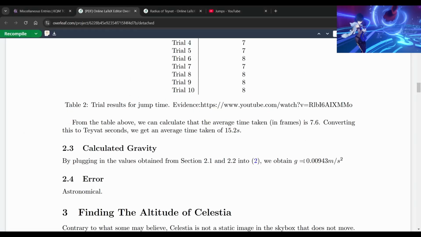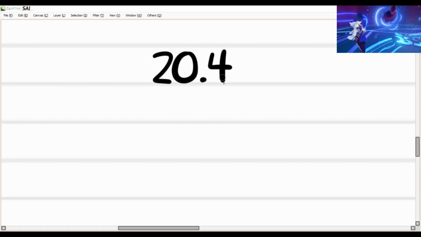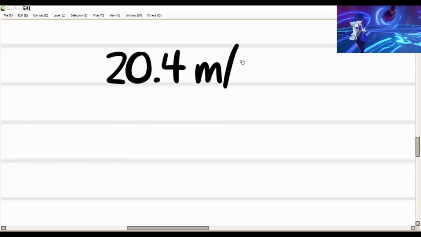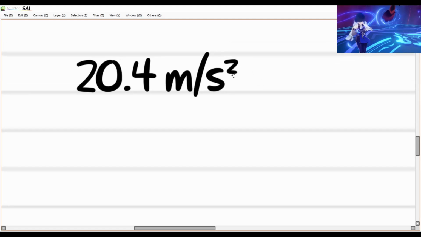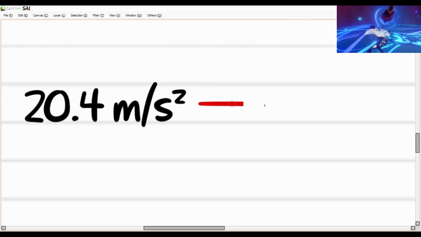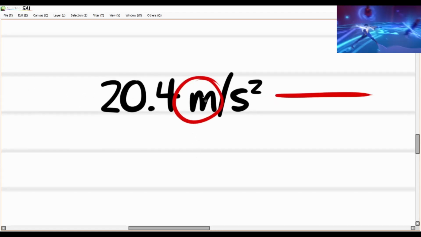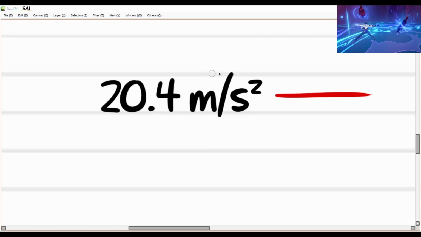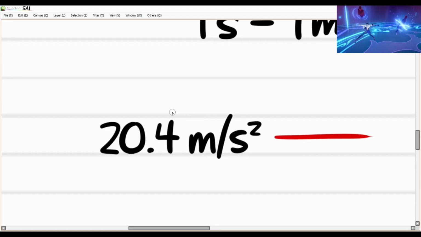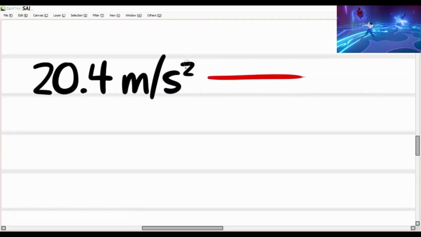But just to be fair, I'm going to convert my measured 20.4 meters per second squared into meters and Teyvat seconds and see what we get. These meters are measured directly from the game, so we're considering game meters. And this one is real life seconds, so maybe that feels a little weird, but again, it's what we have.